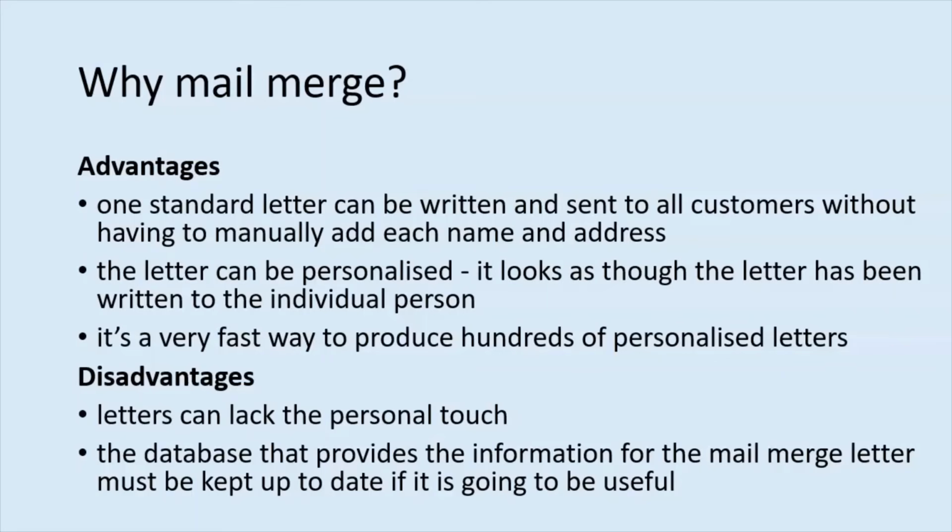The letter can be personalised and can be made to look like it's personal, but in some ways it lacks the personal touch because it hasn't been written to an individual, it's been written to hundreds of people. But nonetheless, we can create a letter using a database and make it look as if it is, at the very least, got that personal touch with someone's name and address on there. But the database has to be up to date for this to work.